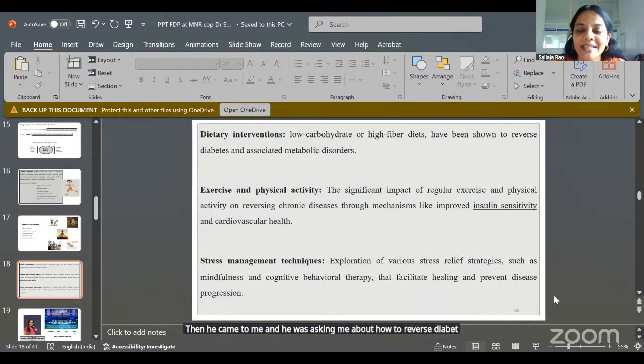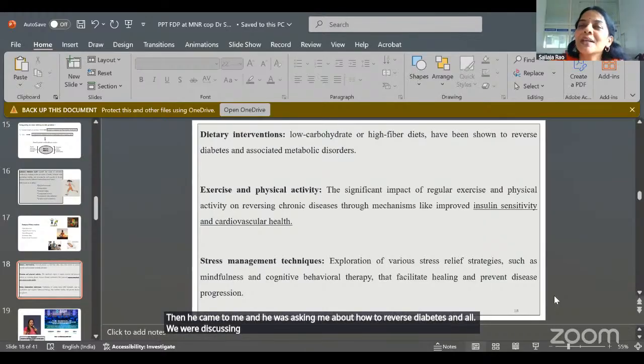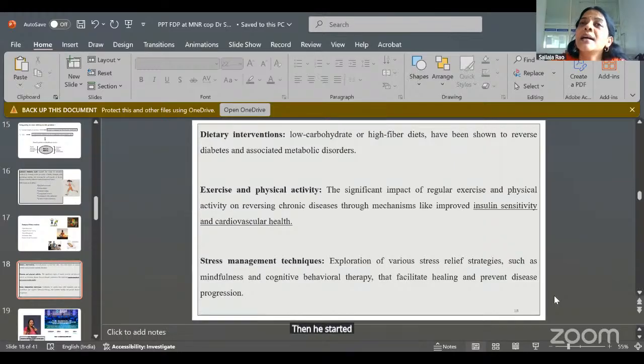We were discussing. He was very lean, a good personality, handsome, fair. He said that though he is on physical activity and has a very restricted diet, he's not able to manage diabetes. He asked, Madam, what should I do?